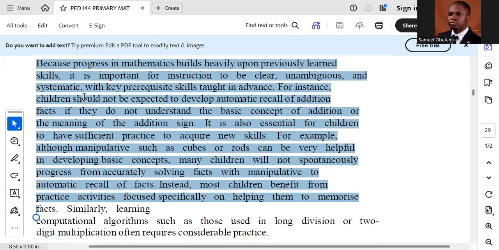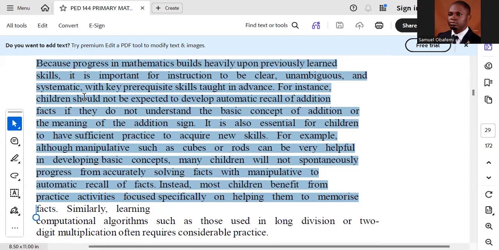So, an important point to note is that a child should understand first before memorizing. Before automatic recall can come into place, a child must understand first before memorizing.